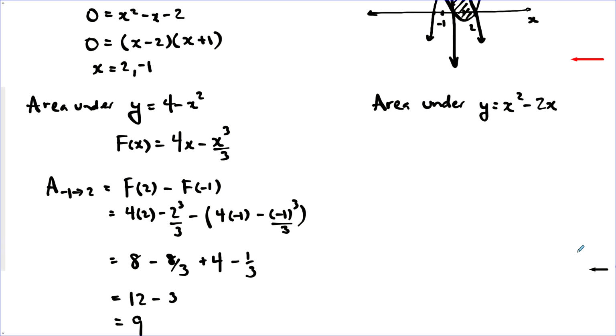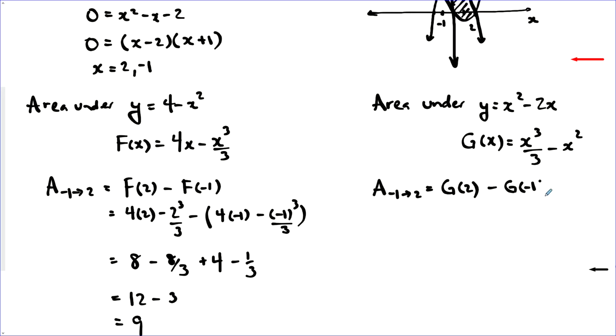We'll call this one g of x, so its antiderivative will be capital G of x equals x cubed over 3 minus x squared. Now we want to do the same interval, so -1 to +2, so g at 2 minus g at -1.